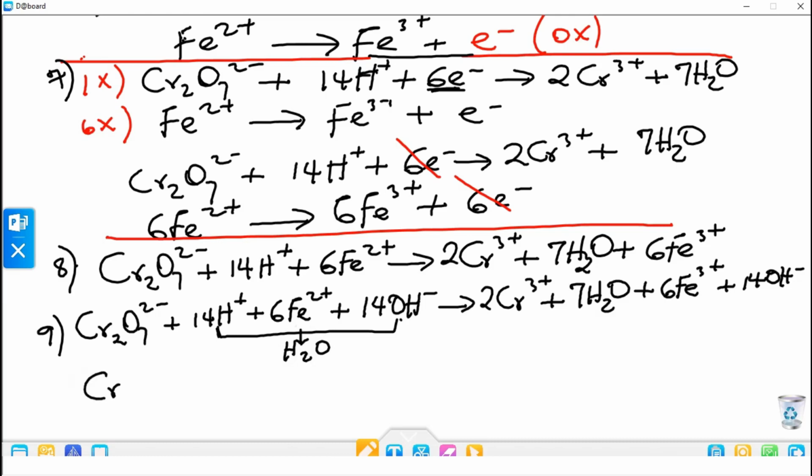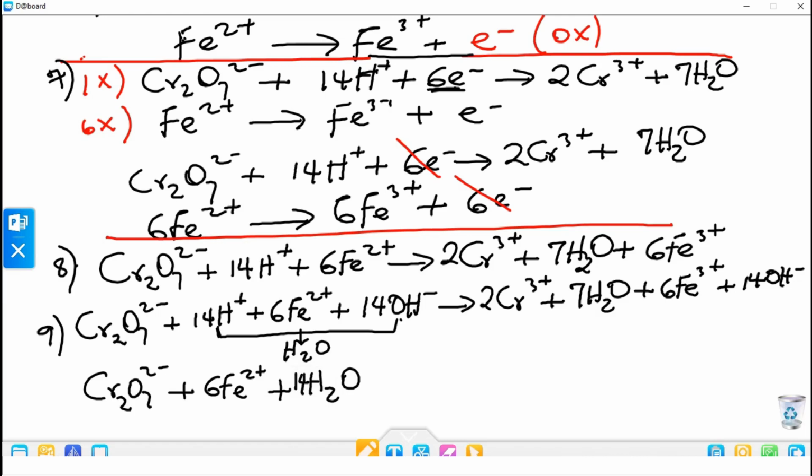So now we have Cr2O7 2 minus, plus, let's write our 6Fe first, 6Fe2 plus, then plus, when we have 14H against 14OH, it's going to give us H2O, but how many H2O is that? Looking at it, we have 14 hydrogen and 14 OH. This 14 OH means we have 14 oxygen and 14 hydrogen too. So in a nutshell, we have 14 plus 14 hydrogens. That is 28 hydrogens. So we simply need to put 14 here so that we have 14 times 2.